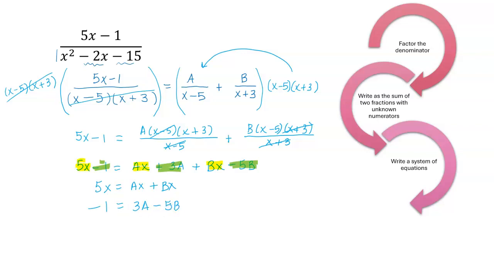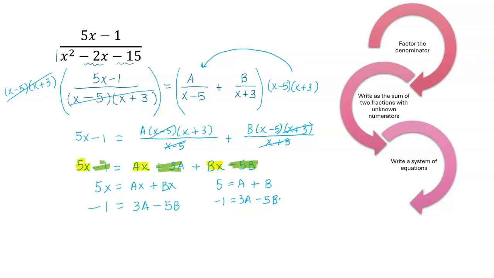Now I still have too many variables, but one thing I could do is divide this equation by x, or just say, well, I know the coefficients have to add up to 5, so I don't care that there's an x on them. And so I have this system of equations with two unknowns.